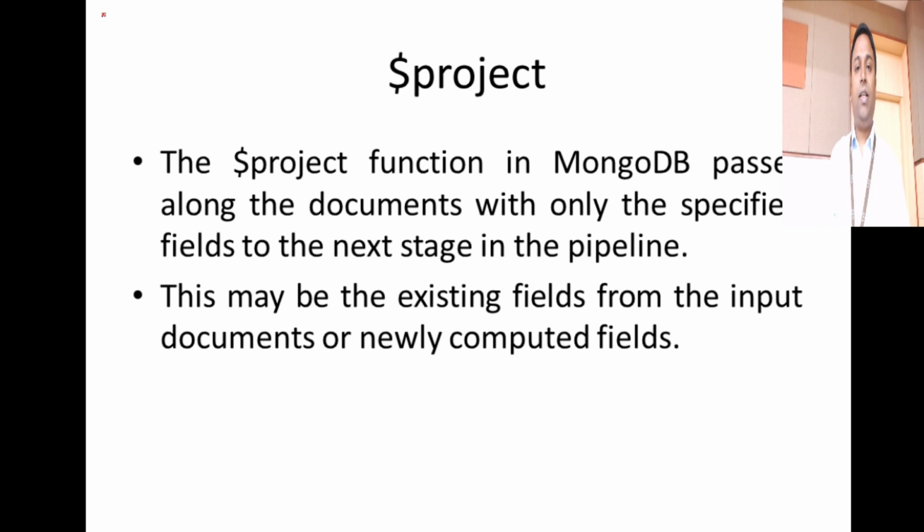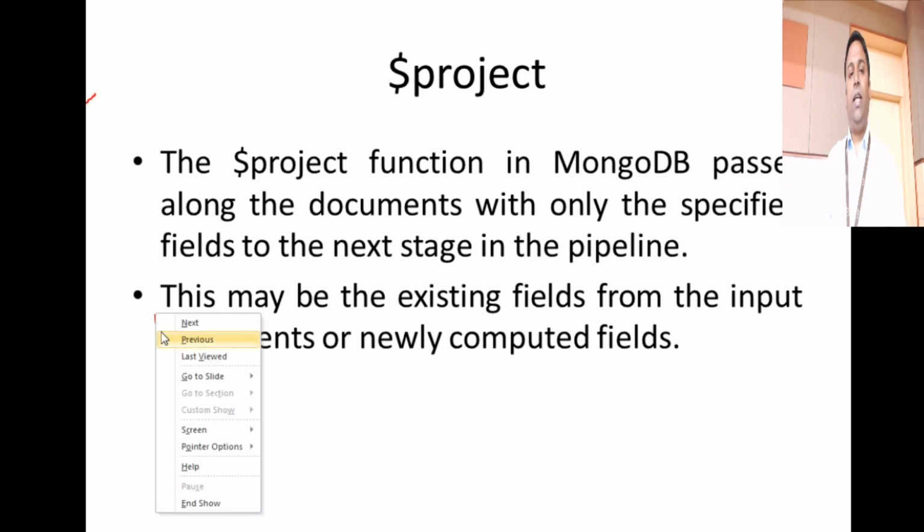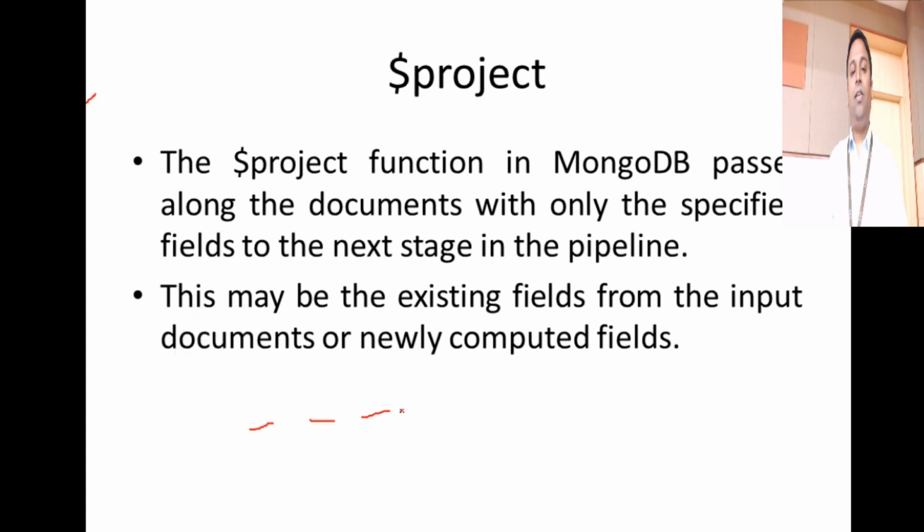We'll take a look at the next stage, $project. What is the use of project? We have seen projection in our previous classes. Say if I have 10 fields, I can project only 2 fields to go to the next stage in my pipeline. So I can project certain fields. For instance, I can have employee ID, I can have name, I can have salary, I can have address.